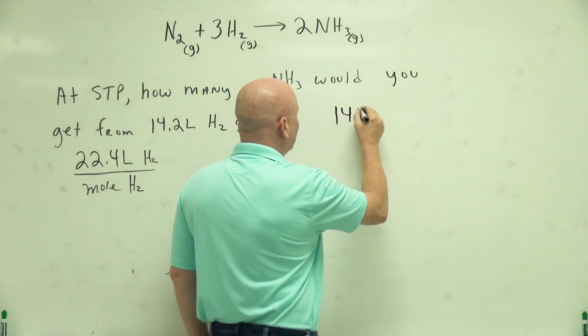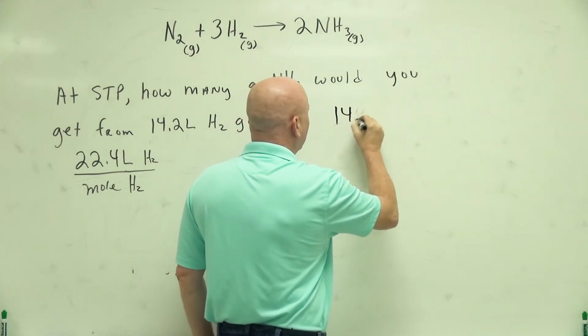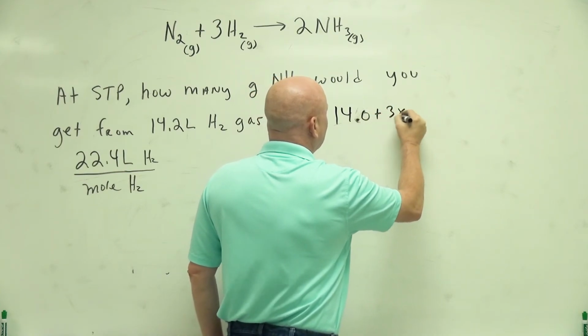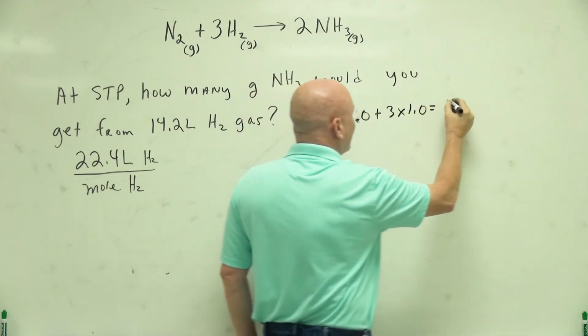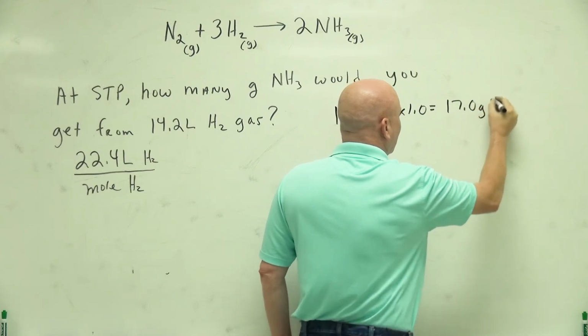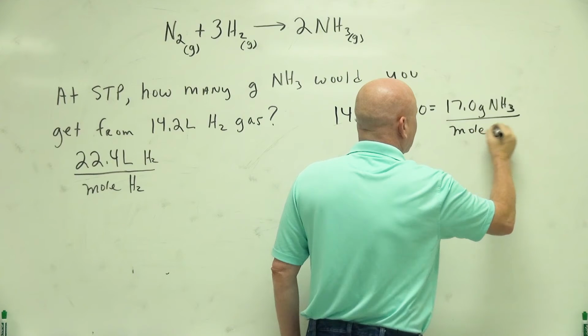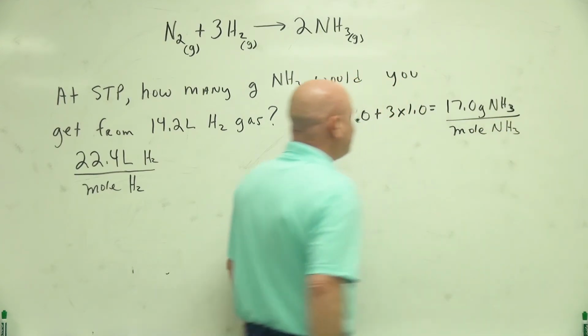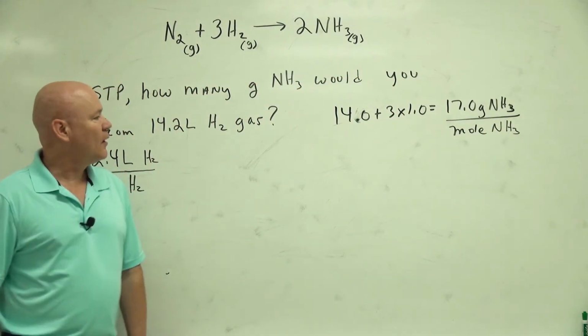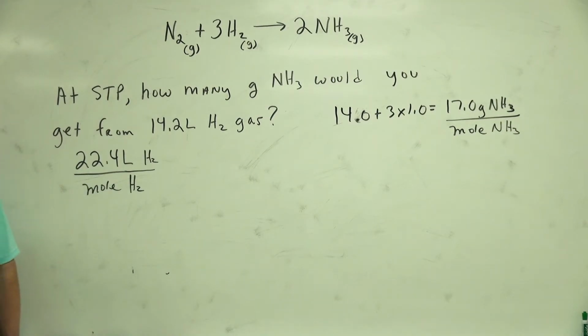So that's 14.0 plus 3 times 1.0, which is 17.0 grams ammonia for every mole NH3.